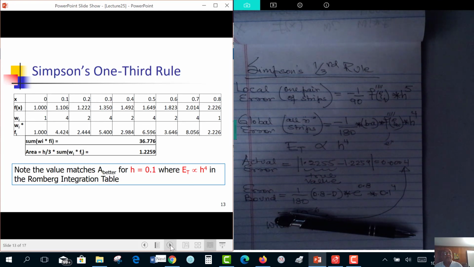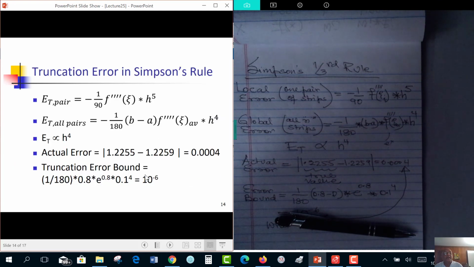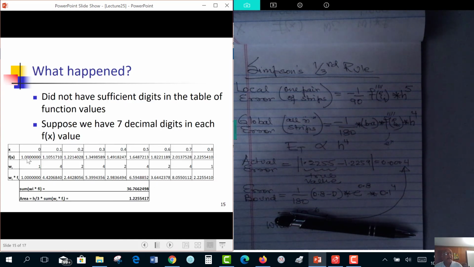So how can we expect that our result should have more than 3 correct decimal digits, right? Now, if our original data, in this place, I have kept 7 decimal digits. So if I have 7 decimal digits, I do my weighted sum, I do my h over 3, and I get this as our new value.